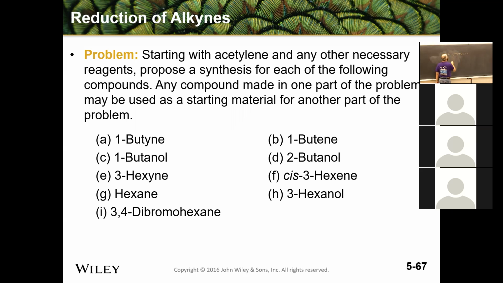And for the second step, we need 2 carbons and a halogen. That could be chlorine, bromine, or iodine. So let's say chlorine. We would be able to accomplish it that way. Okay, this is part A.